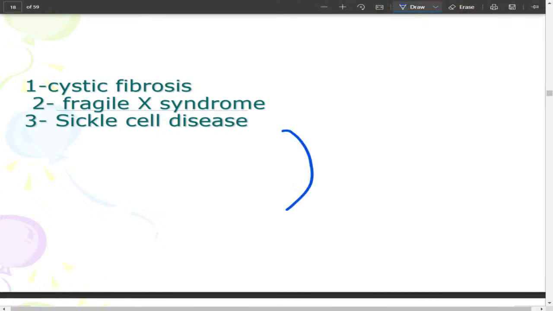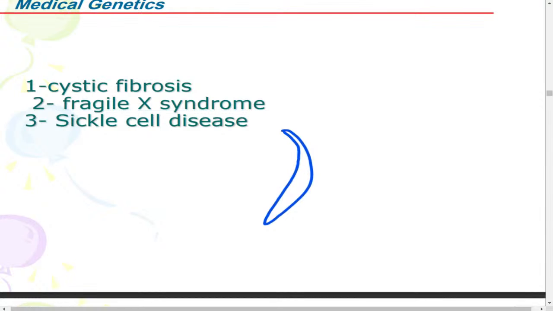And we know that sickle cell is going to be affecting the blood cells, causing anemia.